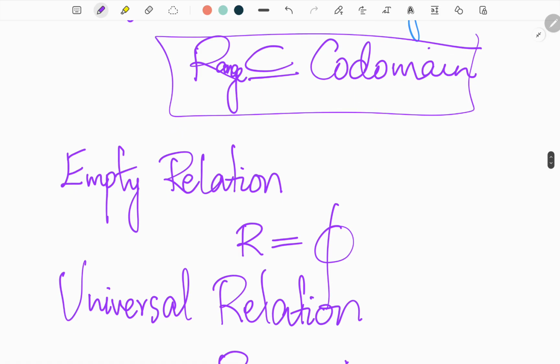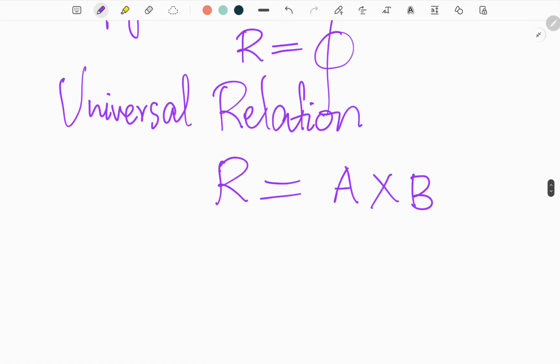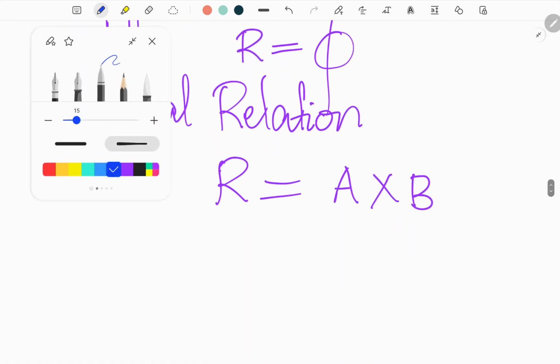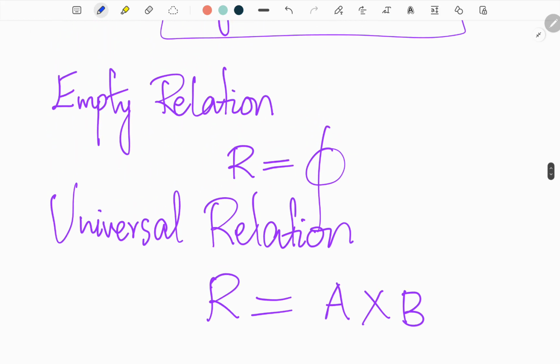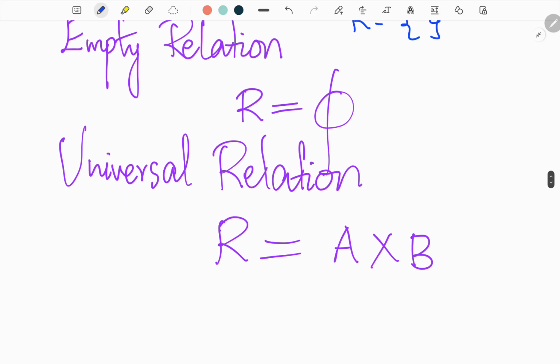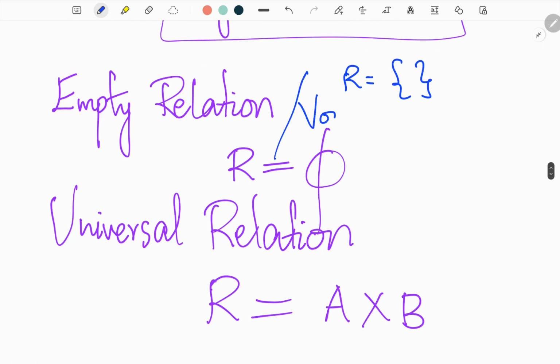So if it is equal to the Cartesian product, then in that case the relation is a universal relation. And if there are no elements in the relation, that means if it is a null set or an empty set, then that relation is an empty relation, or you can even say void relation. Void relation.